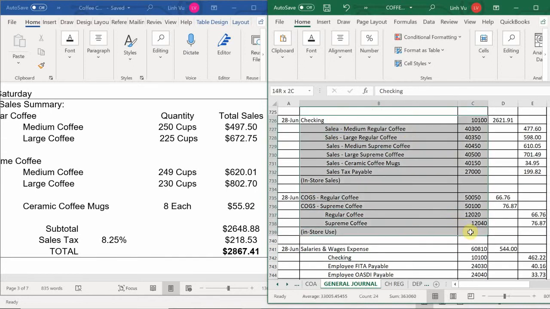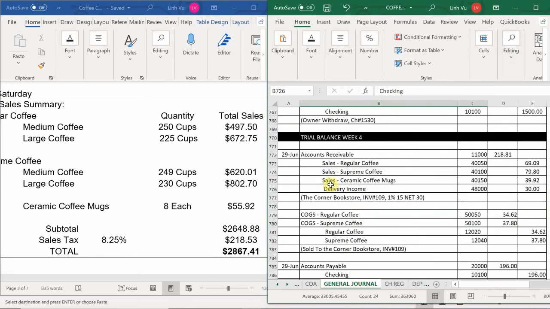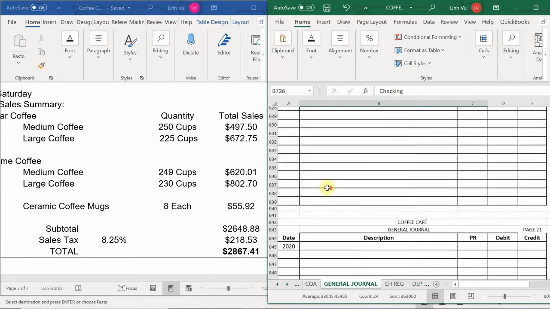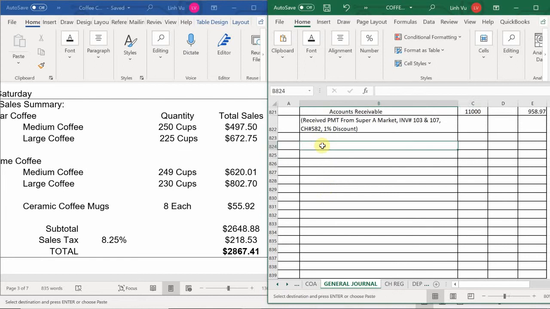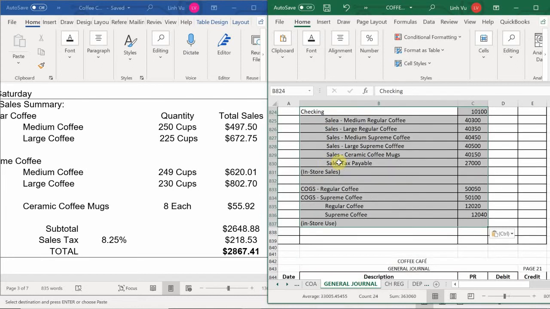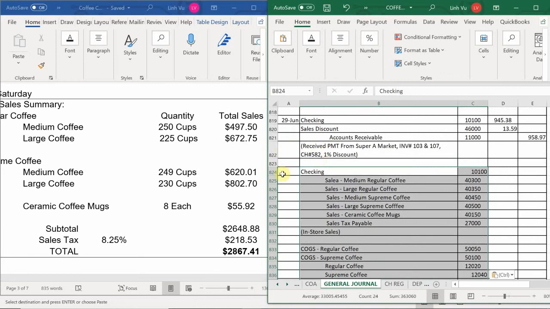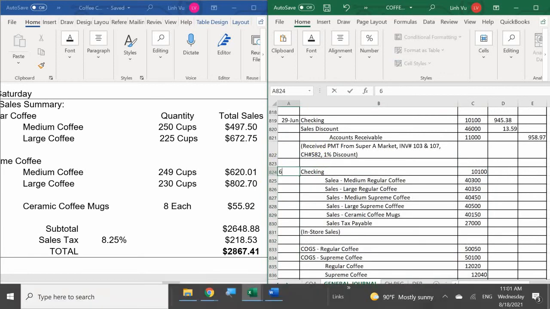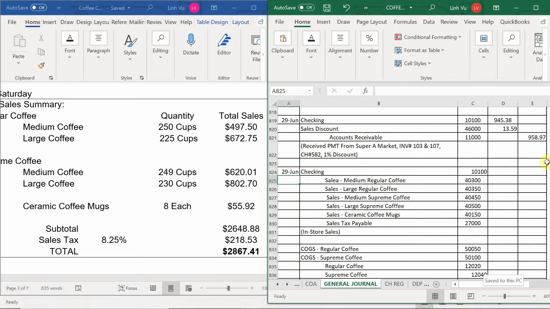Copy. Paste. And we have just exactly enough for this transaction on page general journal number 20. All right. There we go. June 29.